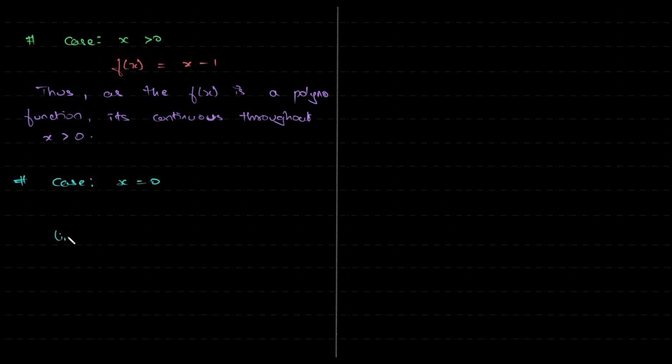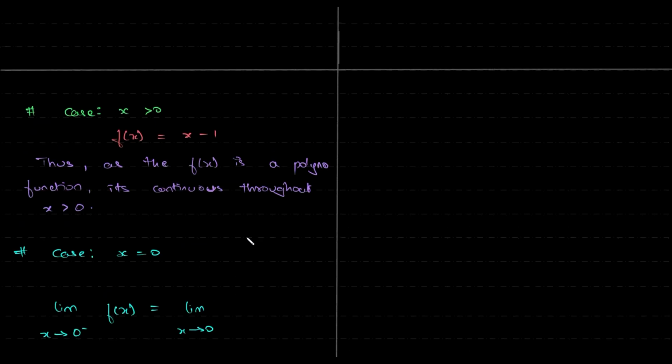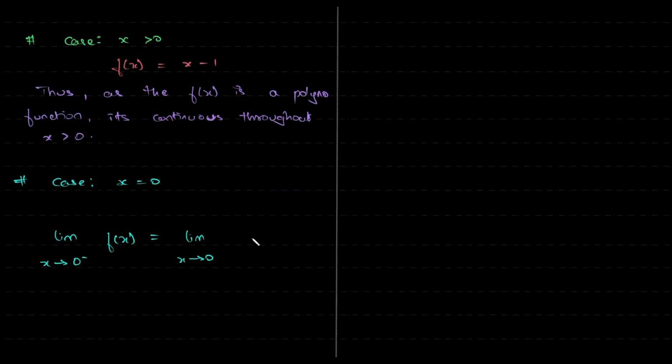So we have the left hand limit, that would be limit x tending to 0 minus of minus x plus 1. So when we substitute it, what will we get? 0 plus 1, and that would be equal to 1.